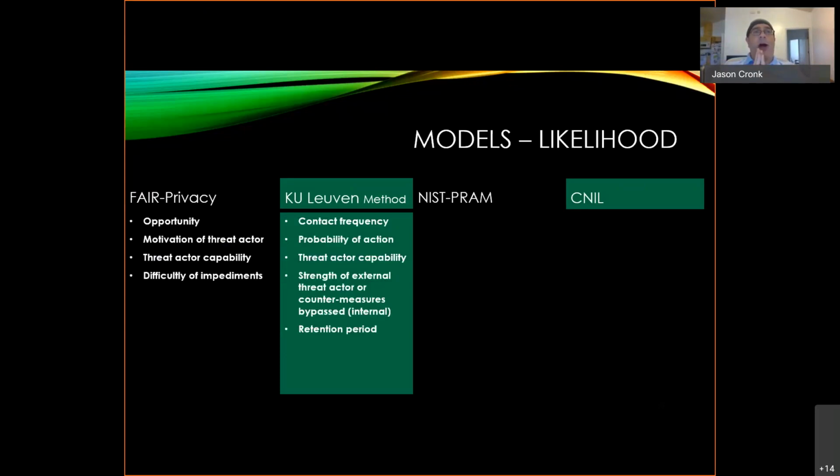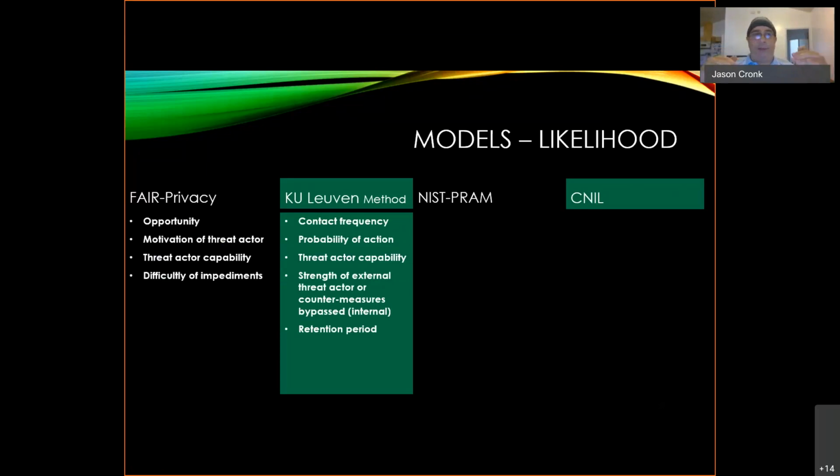The Kaulufa method is very similar. Contact frequency, which is very similar to opportunity. Probability of action, which pulls from the original FAIR, factor analysis of information risk, uses probability of action. In FAIR privacy, we just called that motivation.